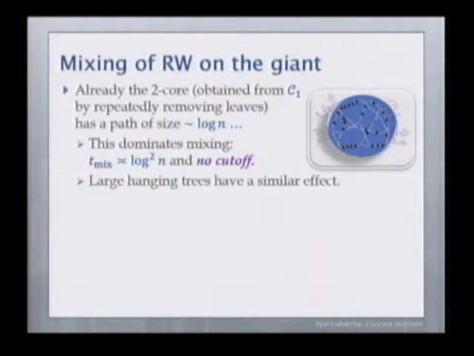So if you have order n edges, then you will have a path, according to these exponentials, of size log n. And on this path, you will go back and forth. I'll start my random walk in the middle of this path, and it will take you time log squared just to exit it. And until then, you see a negligible part of the graph. So the mixing is at least log squared, and actually it's tight.